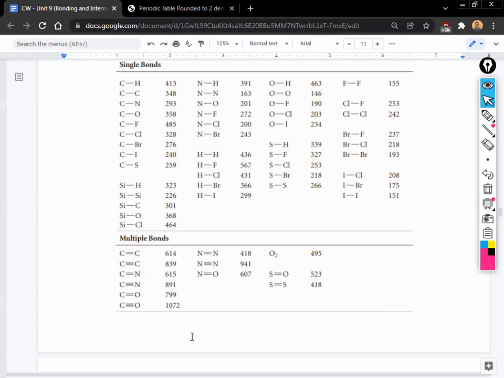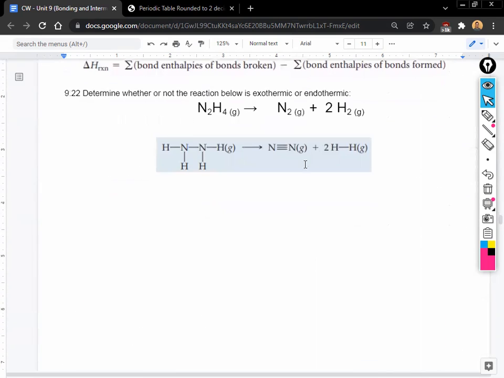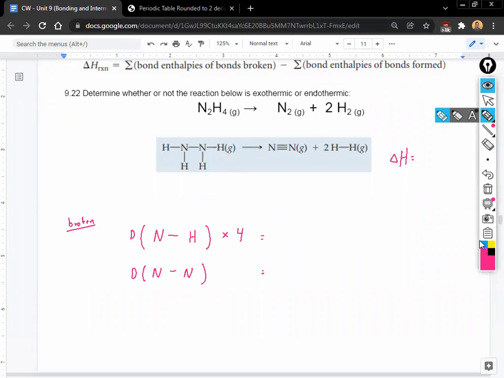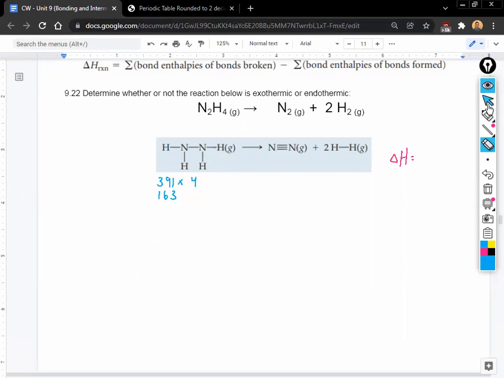So the nitrogen-hydrogen bond is 391, and we're going to have to multiply that by 4 because 4 of those bonds were broken. 391 times 4. And then there was one nitrogen-nitrogen bond broken, which is 163. If we add those up, we can figure out how much energy it took to break apart, to atomize, this molecule.